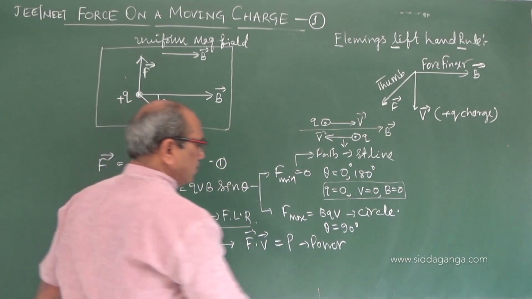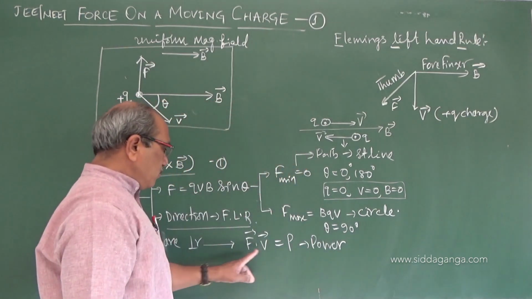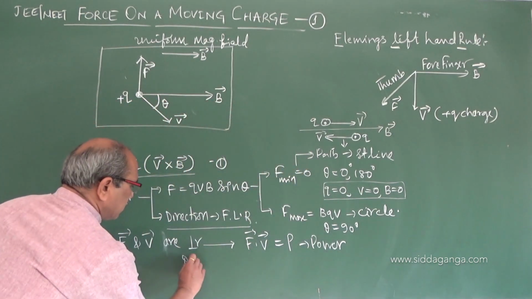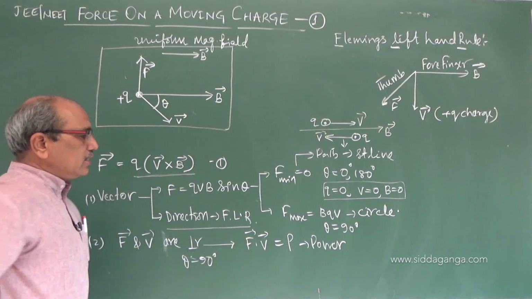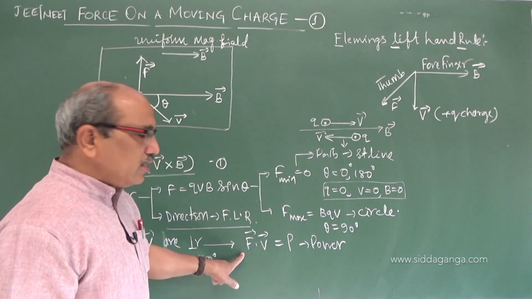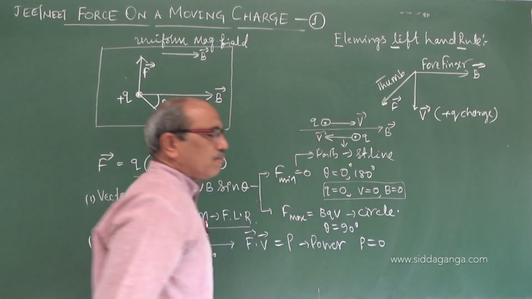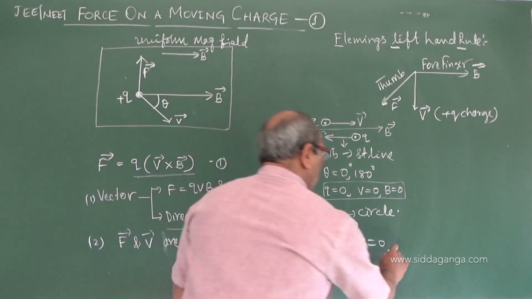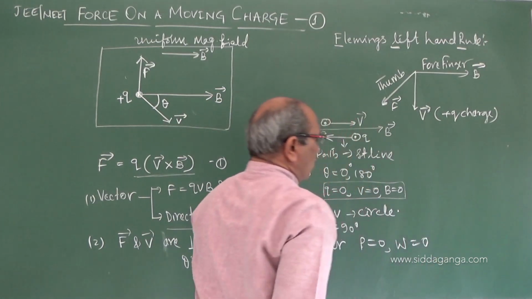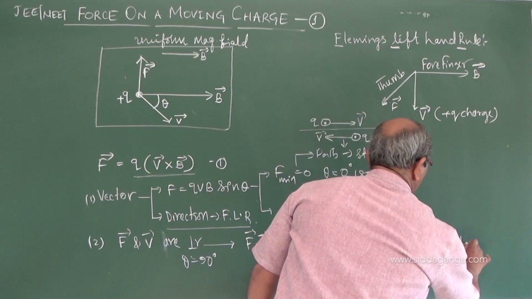F dot V, the dot product, as they are perpendicular, means theta is 90 degrees between F and V. FV cos 90 is 0. That means power is 0. Power is the rate of doing work. Work done is 0. Also the change in kinetic energy becomes 0.